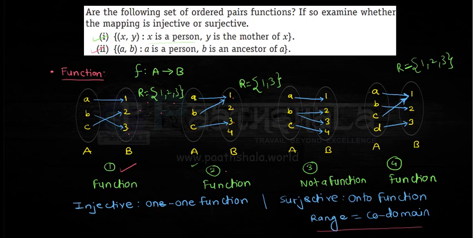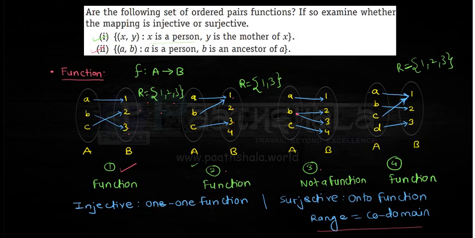So this is not a function. For example, in the third case we can see B. Let's say B is a person and B has ancestors 2 and 3. Yes, one person can have many ancestors. So B has two ancestors, 2 and 3.